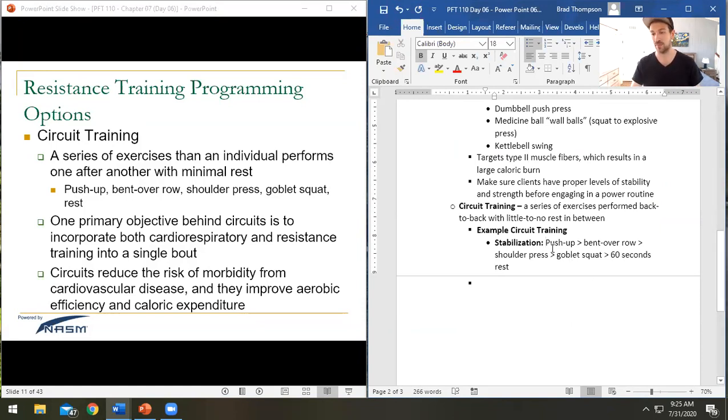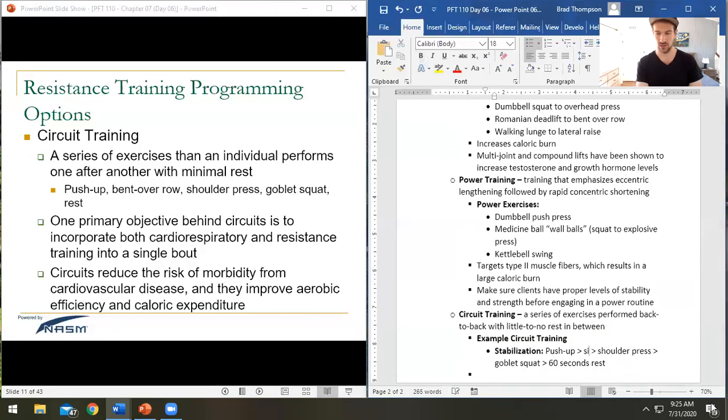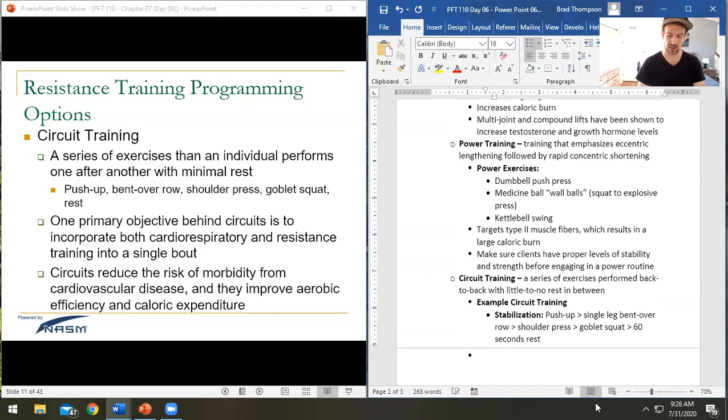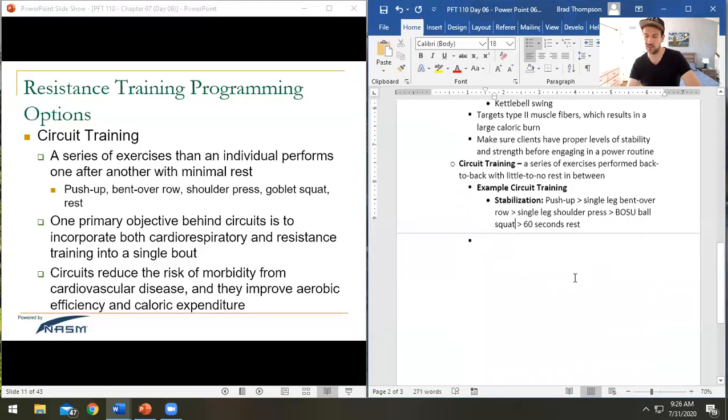You would start with something like a push-up, and then you could do a single leg bent over row, single leg shoulder press, and then we can do a Bosu ball squat, and then 60 seconds rest, right?